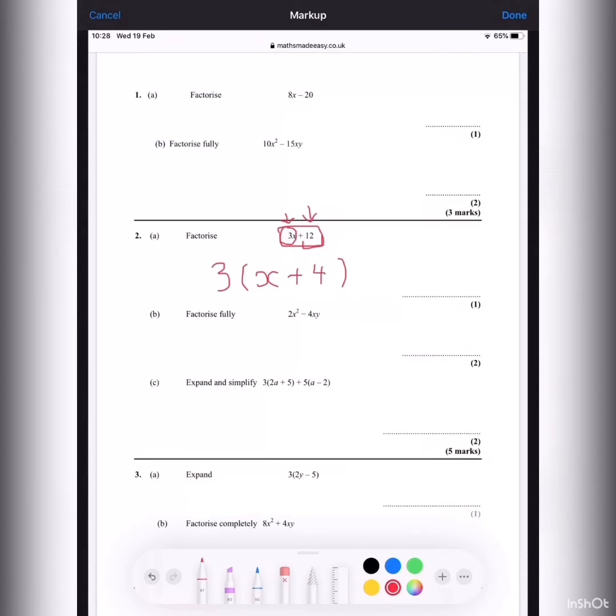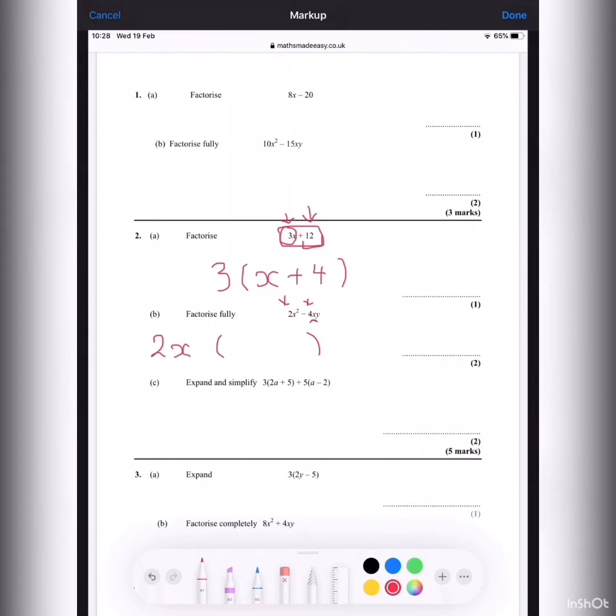So factorize fully that. Again, it's only going to be one bracket because we can take something out of both terms. Now we're going to look at our numbers first. So the highest number we can take out is a 2 because we've only got 2 here and we've got a 4 here. So we just take a 2 out. Then we can only take 1x out because we only have 1x here.